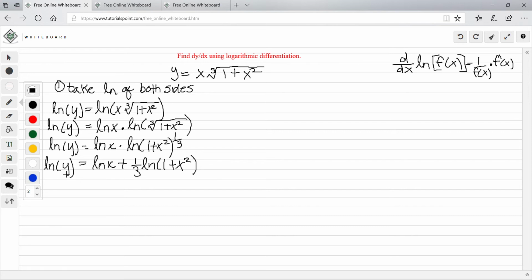So now the second step is we've got to use implicit differentiation with respect to x.